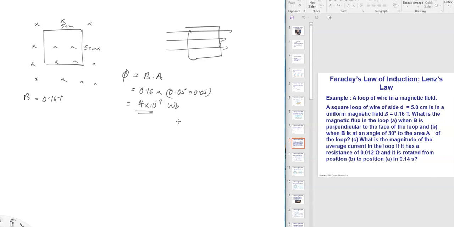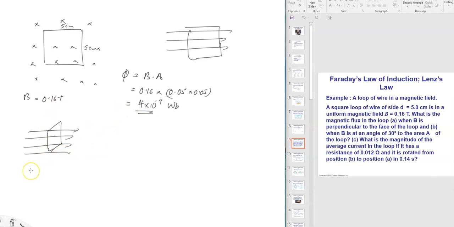When B is perpendicular to the face of the loop, like how we have it, so this has a couple of parts. If you think about a side view, here's the loop, here's the magnetic field, like how I have it in the above diagram. Let's say this is perpendicular, so we get this answer.